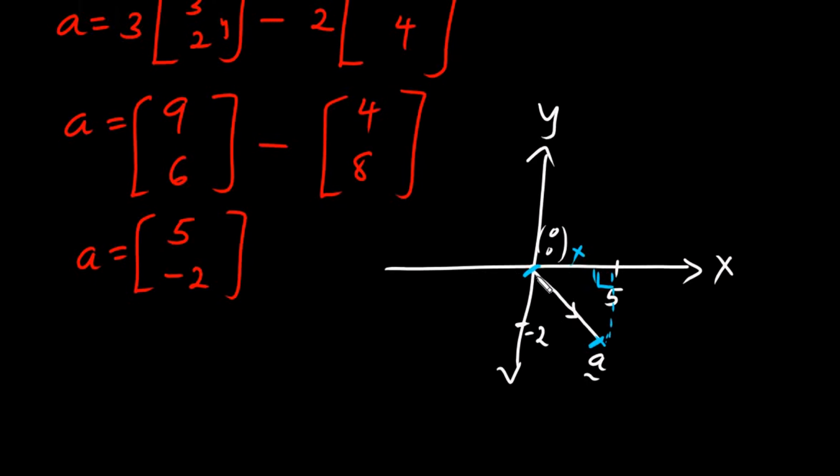Along the x-axis we have 5 units, and downwards we have 2 units along the y-axis. So we can use the Pythagoras theorem to get the length of this vector, which in this case acts as the hypotenuse of this small triangle.